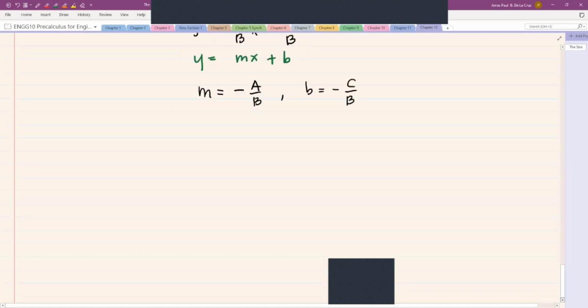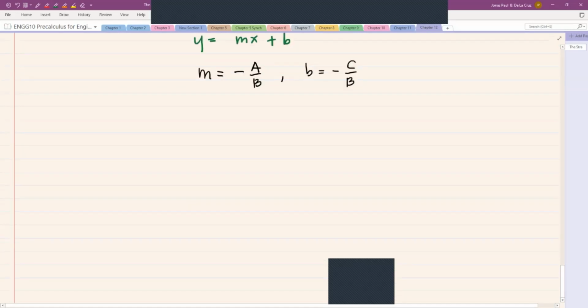Okay, ngayon, what if we have two lines? We have two lines, L1 and L2. Meron tayong L1. Siyempre, lagyan natin ng subscript na 1 yung kanyang mga coefficient. A1x plus B1y plus C1 is equal to 0.